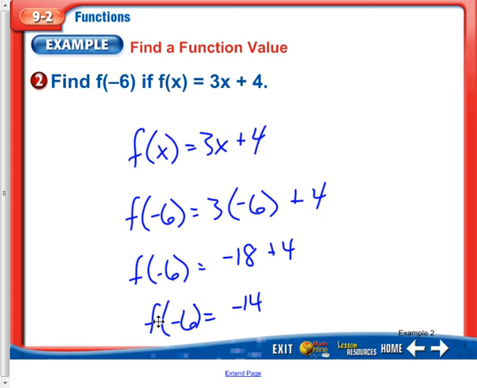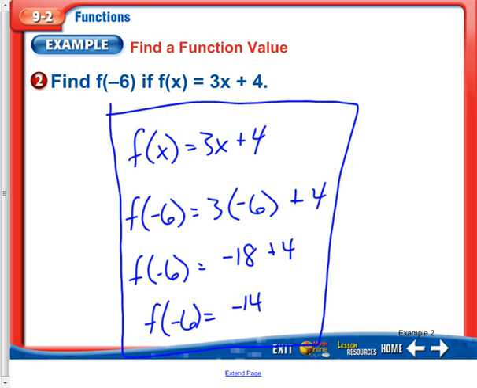And this would be your final answer. This all right here would be expected in your homework. So first of all, it's copying the original function, it's substituting your function value in anytime you see x, so there and there, and then it's just following order of operations and solving.